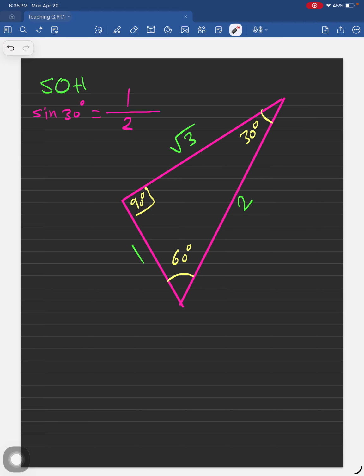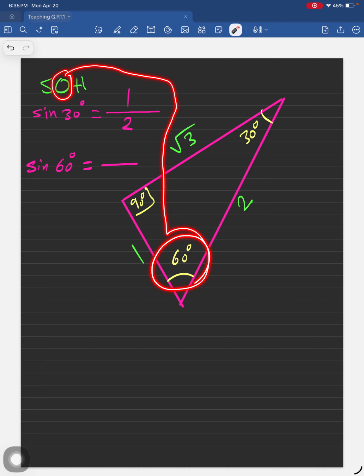Now we can talk about the sine of 60 degrees, for example. Let me take this down a little bit. To talk about the sine of 60 degrees, we will use the same strategy. Let's talk about the side opposite to the 60 degrees.